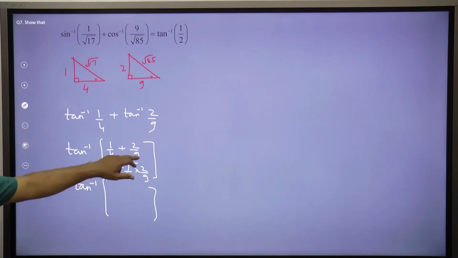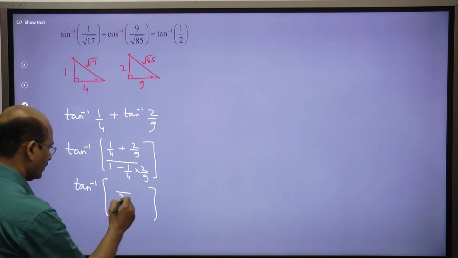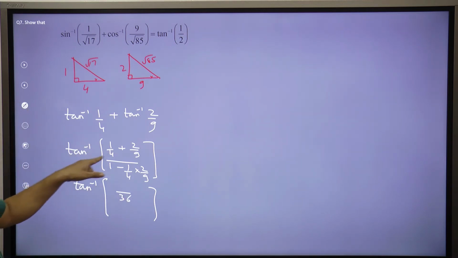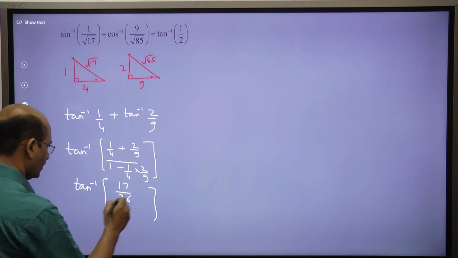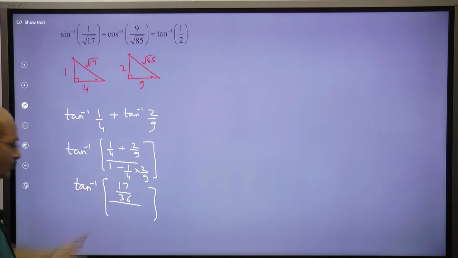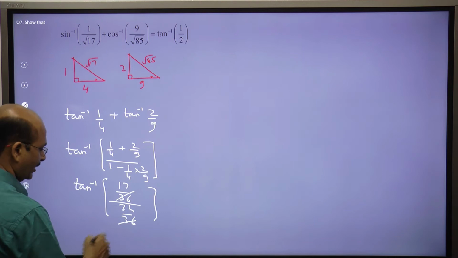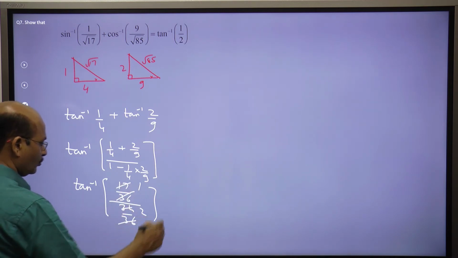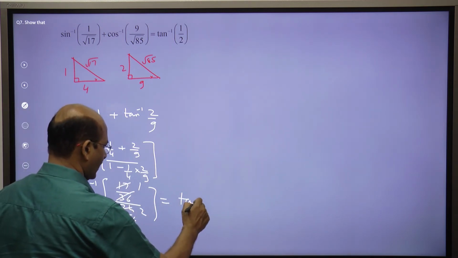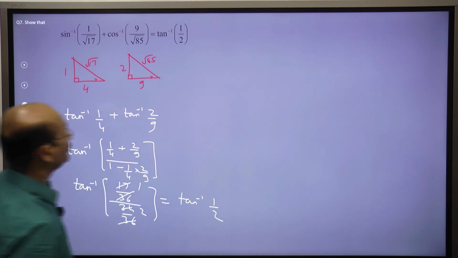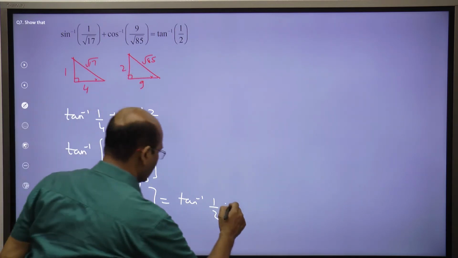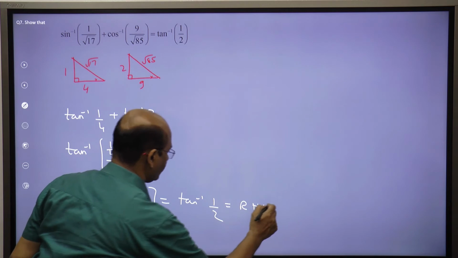Okay, I will solve this. 4 9s are 36, 9 plus 8, 17 upon 36 minus 2, 34 upon 36. This gets eliminated, 17 1s are 17, 17 2s are 34, so that is nothing but tan inverse 1 by 2. Let us look at what we have to prove, which is nothing but the RHS. So, that is the pattern of the question.